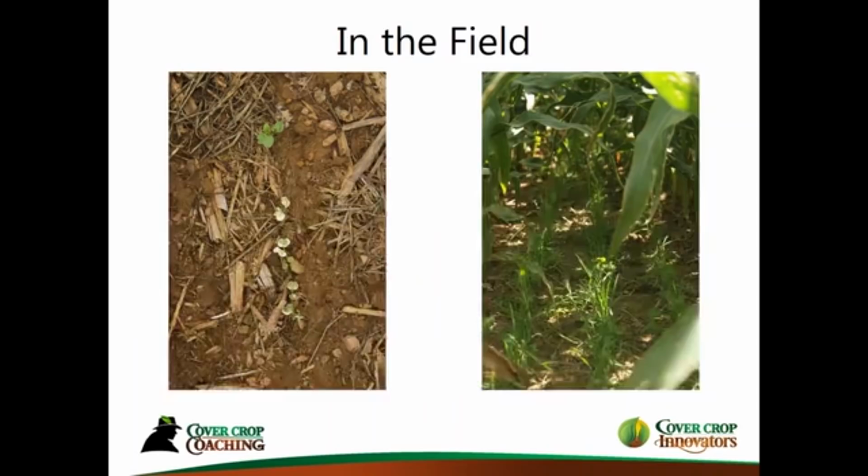I want to show you some pictures here of kind of what I mean. Now, this is in the context of interseeding. When we're planting corn, we're planting cover crops into corn at the V4 to V6 stage. The picture on the left, you can see it's radishes just germinating.